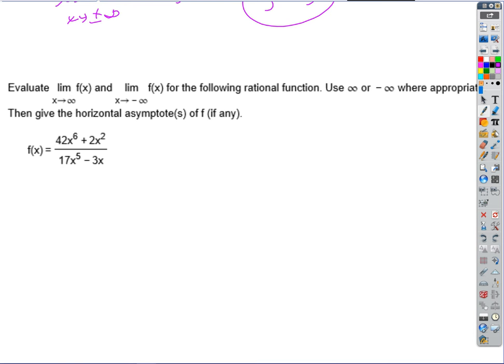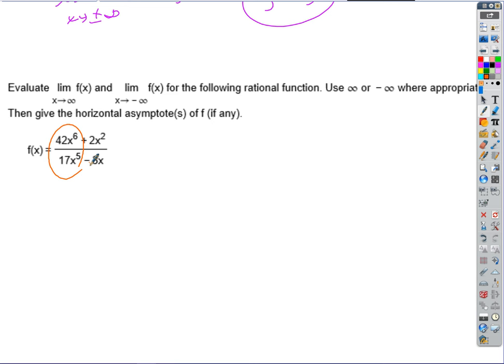So what about this time? Once again, if we've got rational functions, we're just going to look at the ratios of the leading coefficients. Those are the dominant terms for large values of x, at infinity or negative infinity. This time, what happens?